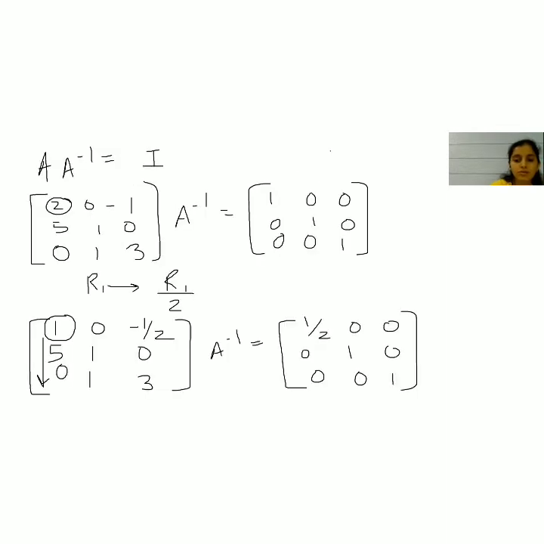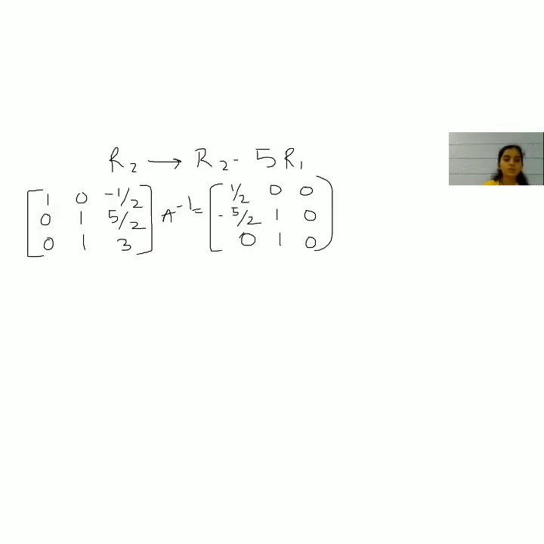The next transformation is to make A22 as 1. Now A22 is already 1, second row, second column. So the elements above and below it have to be made 0. Above is already 0. The one below it has to be made 0. So how will we do that? R3 changes to R3 minus R2.